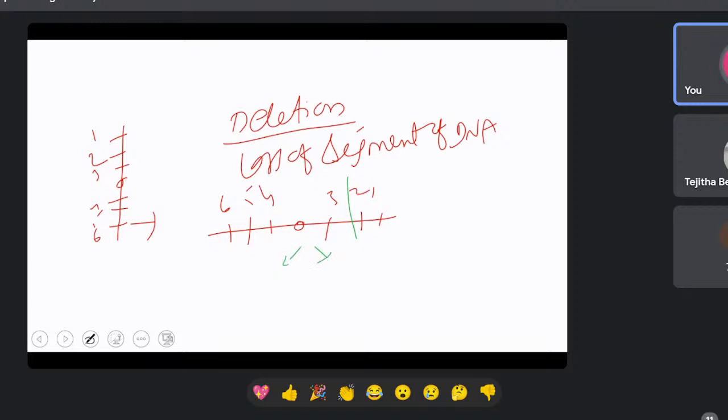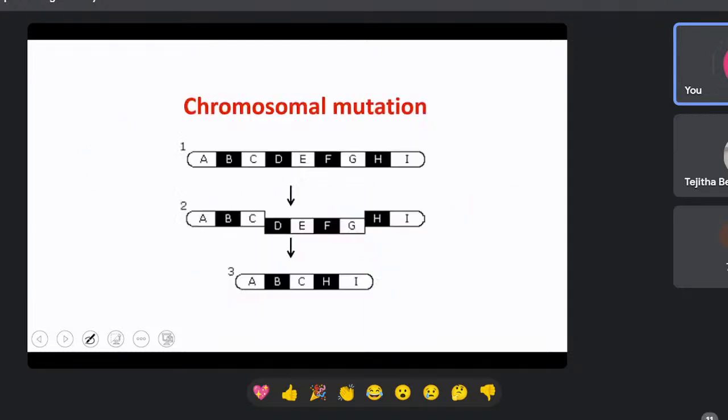Then what happens? It results in two segments, one with 4 genes, the other with just 2 genes, and this is what we call deletion. Okay, so here there are 1, 2, 3, 4, 5, 6, 7, 8, 9 genes.